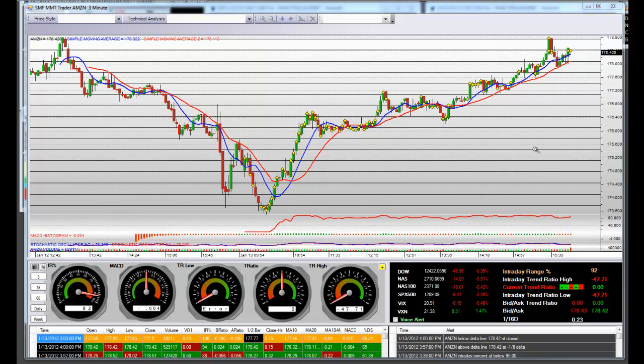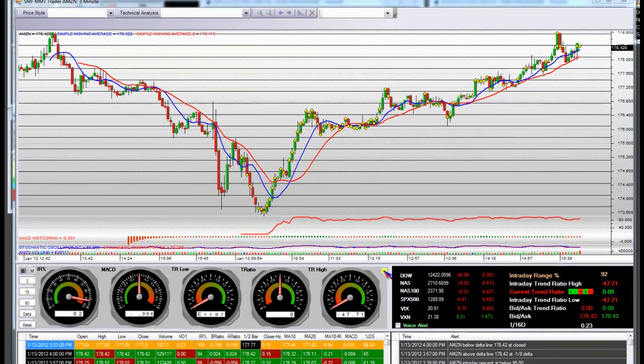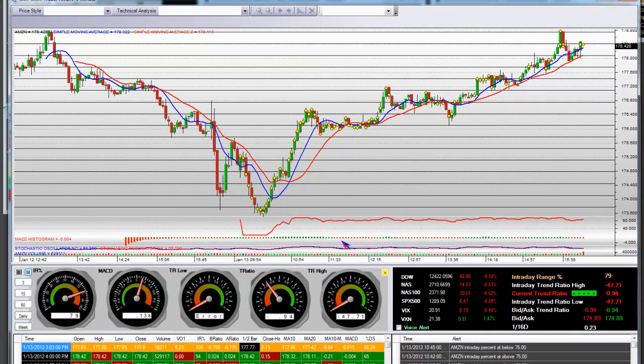Well, I think the first thing we learn is these teeny lines, and this is proprietary to the MMT platform, is that you see prices attach themselves to teeny lines, and I think this is a perfect example.